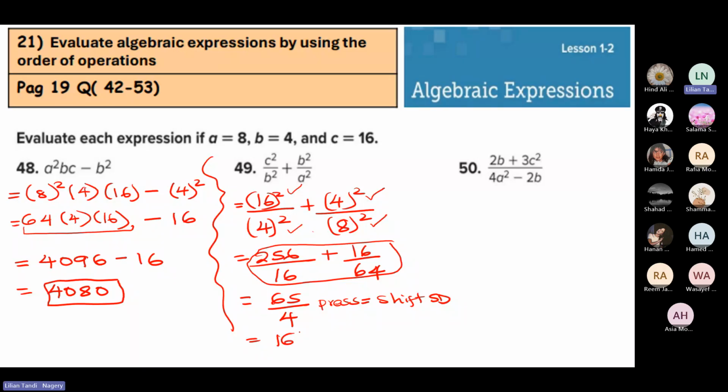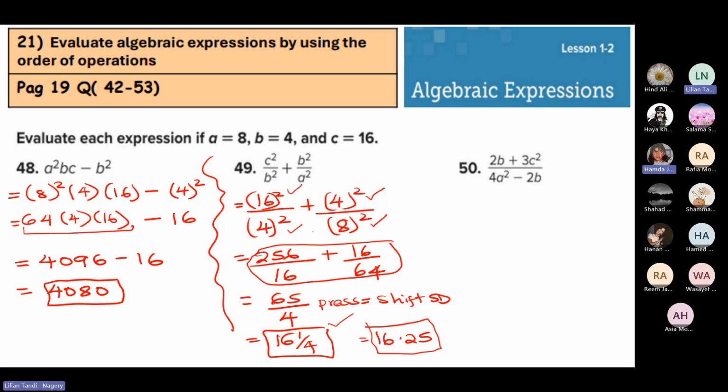Yes, 16, 1 over 4. Then press SD again. 16.25. Now, because this question is a fraction, your answer should be a fraction. Do we understand? After you get the fraction, then you can change it to decimal.